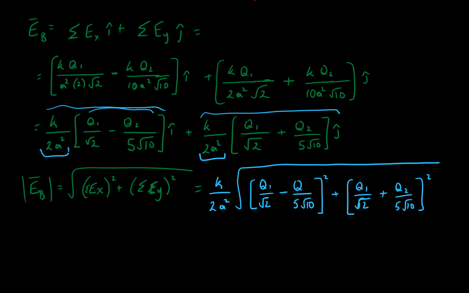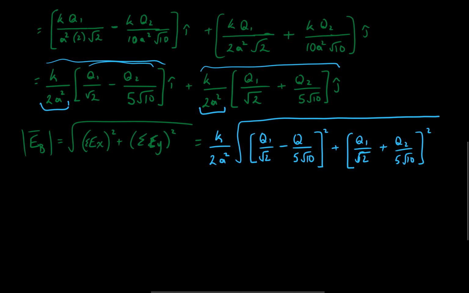Now if I wanted to, I could try to make this even simpler on myself. For example, if I go over here, I could just as well have opted to say, well, there's also a radical 2 I could have pulled out of all of this.